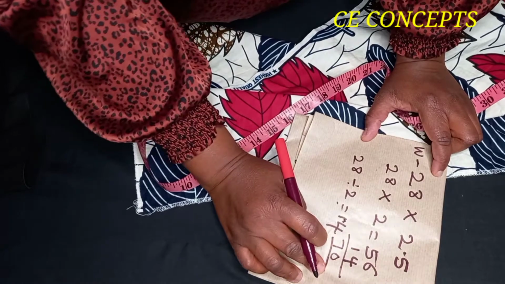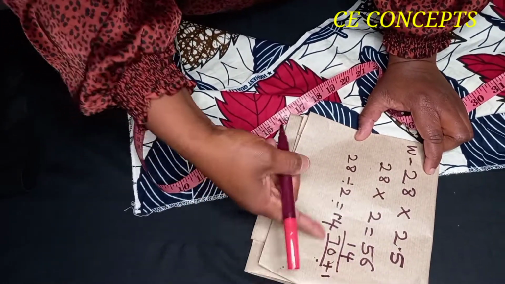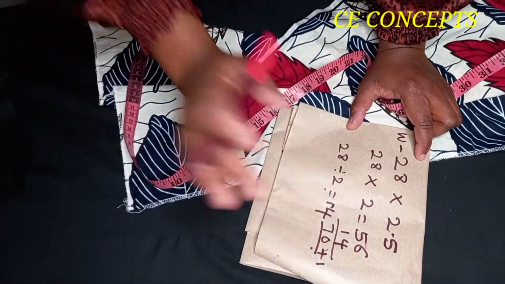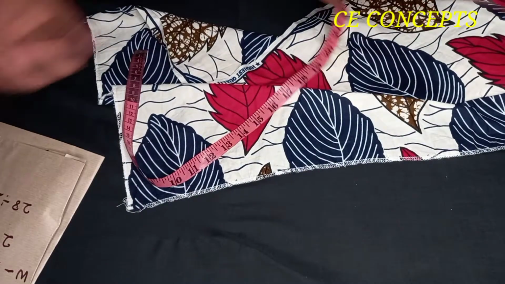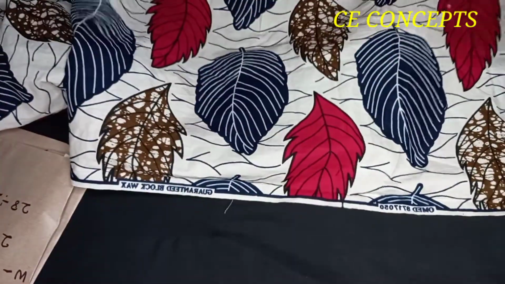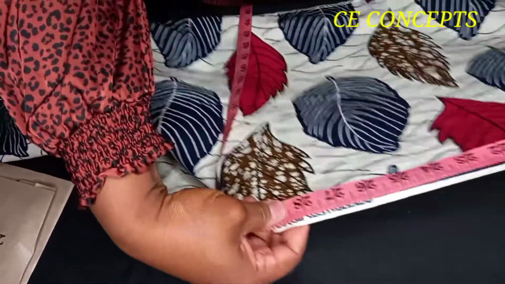So what we are going to do next is to add the 1 inch for the seam allowance, both sides. Now let me show it to you. Remember, the waist circumference is 28.